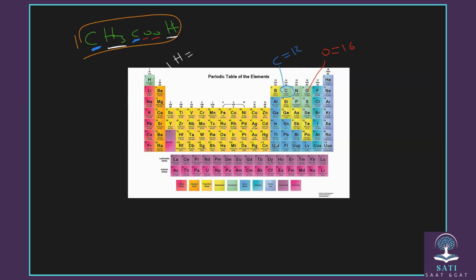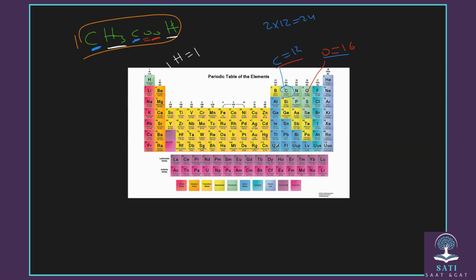Now if I go to add them, for carbon, how many do we have? You have 2 carbons, so that means 2 times 12, which equals 24. For oxygen, how many did we say we have?